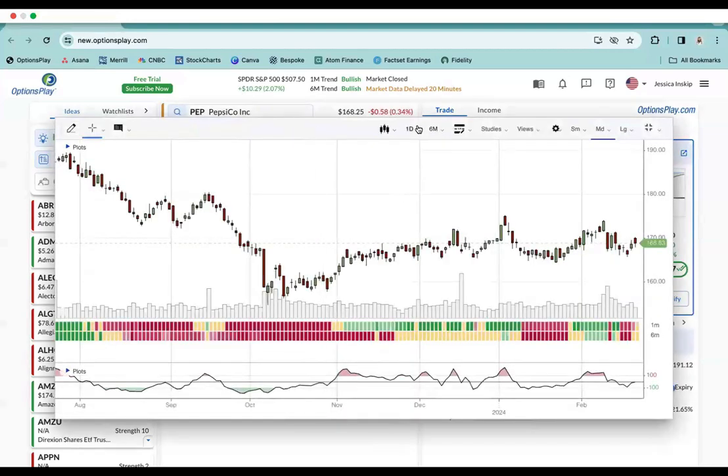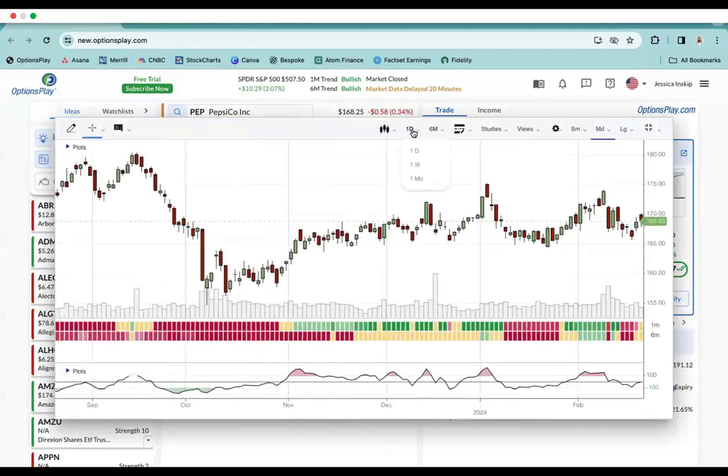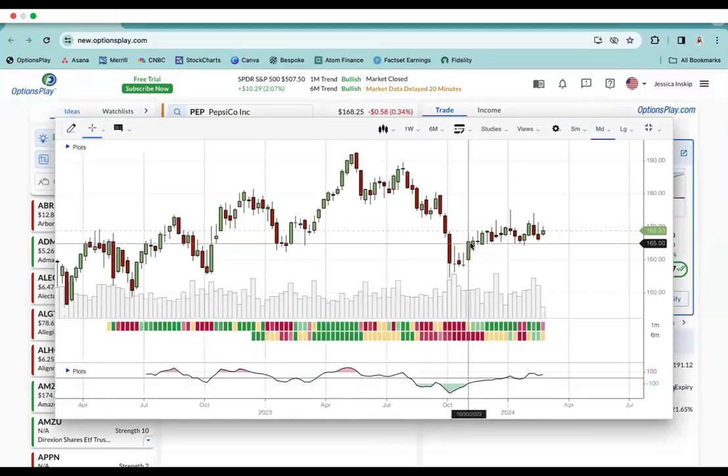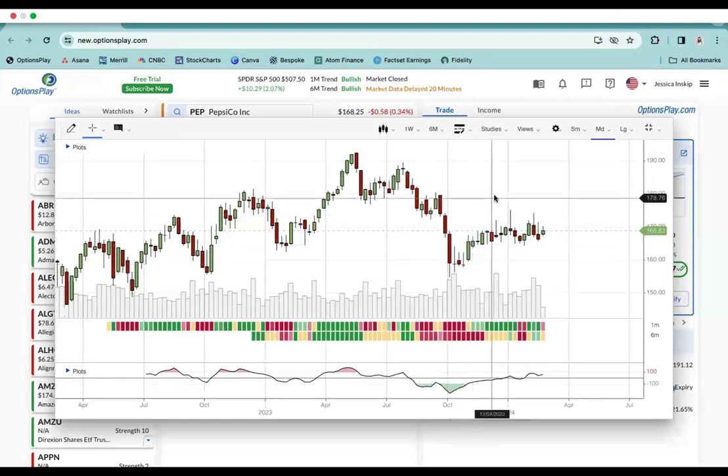I am a weekly chart person, so I'm going to use a chart platform that's on my other computer and look at the range bound, or let's put this at 6 months at least. And make this a week. My other indicators.